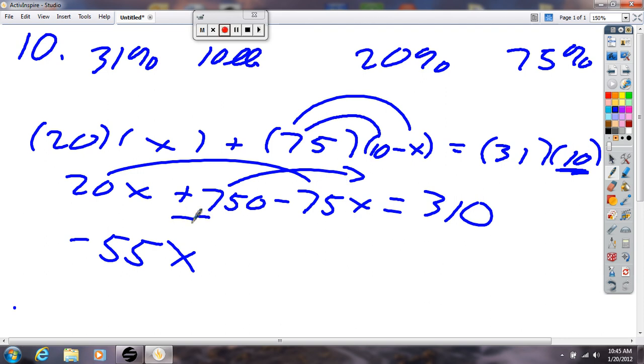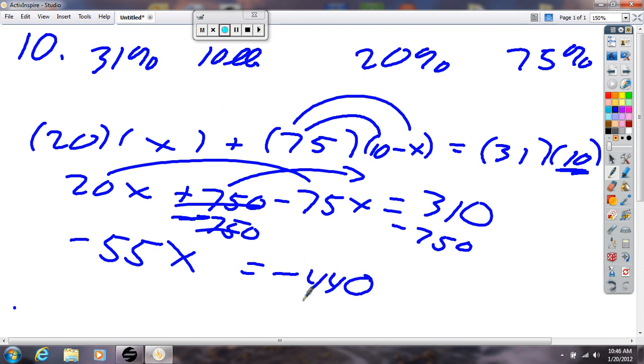Minus 750. I know I'm going to move this, so I put it here. Minus 750. They cancel. So this is equal to what? Negative 0.44.